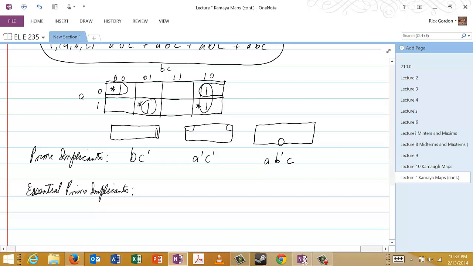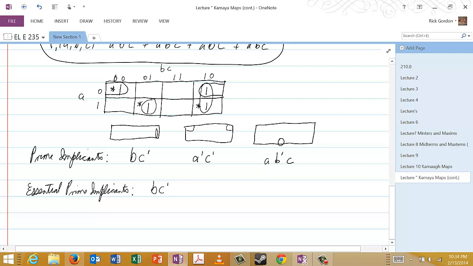And now we can decide what the essential prime implicants are. Remember, essential prime implicants are prime implicants that contain at least one essential one cell. Our first prime implicant, BC prime, is the one over here, and if we look up at the map, yes, it does contain an essential one cell. So BC prime is an essential prime implicant. What about A prime C prime?